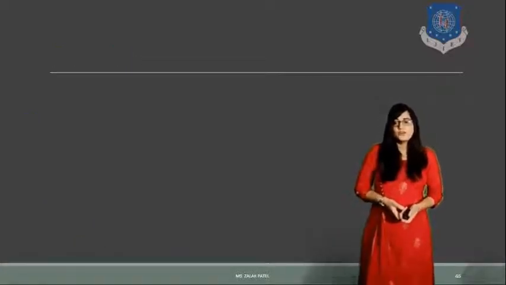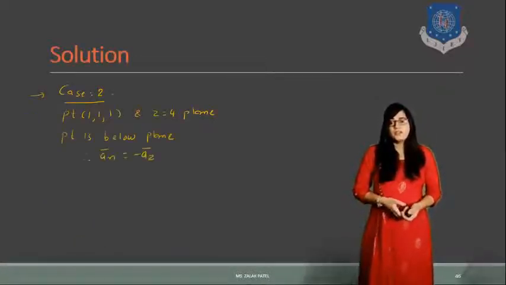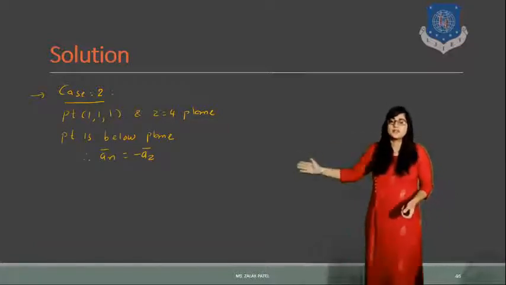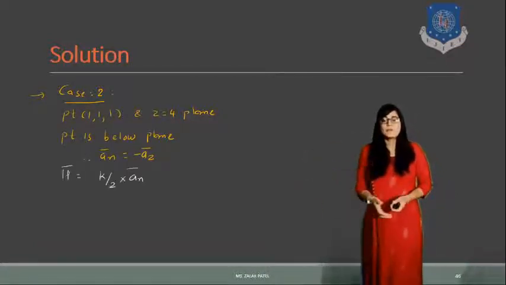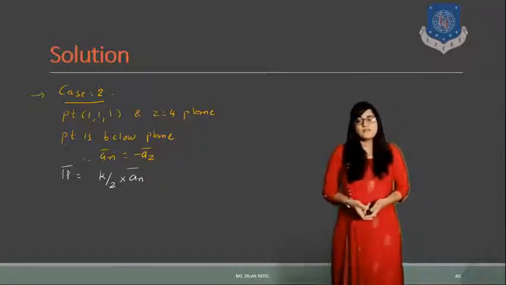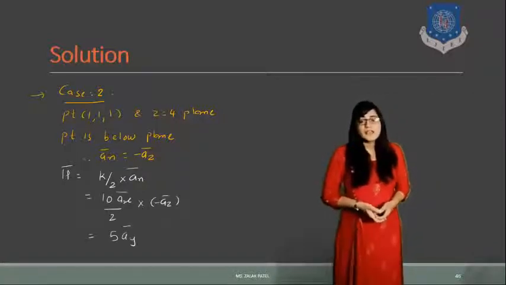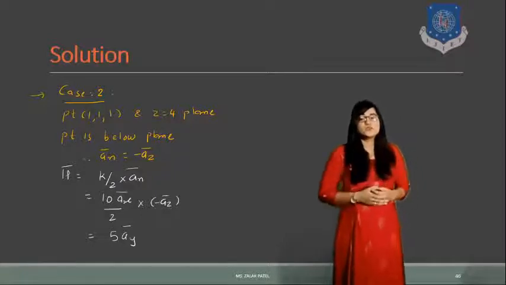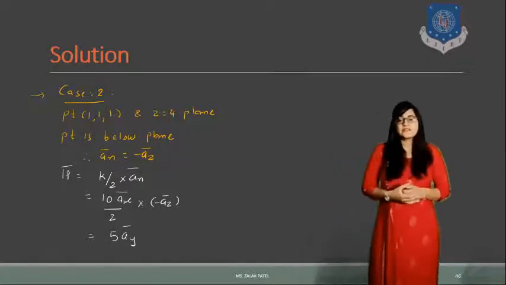Let's put the values, as we get An equal to minus Az bar. Then H bar equal to K by 2 cross AN. K is our 10 AX, divided by 2, cross minus Az.